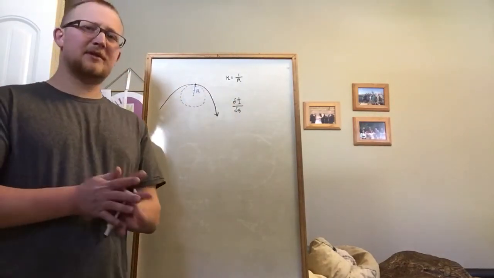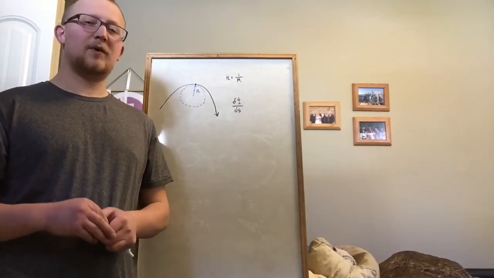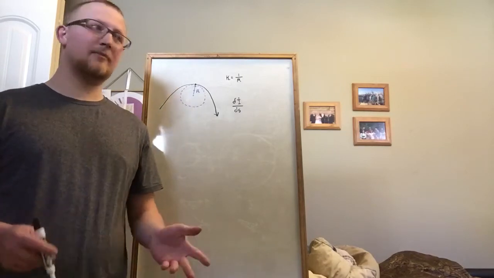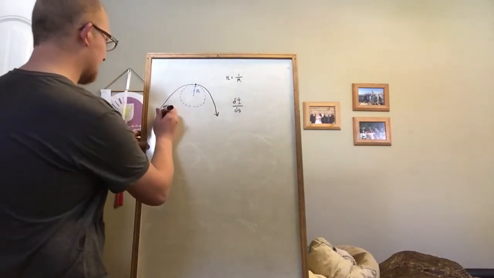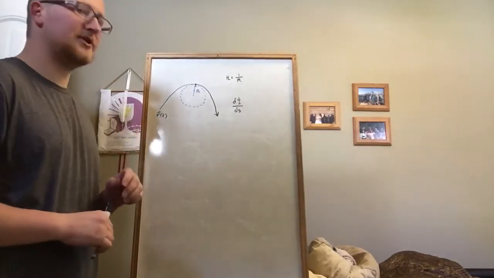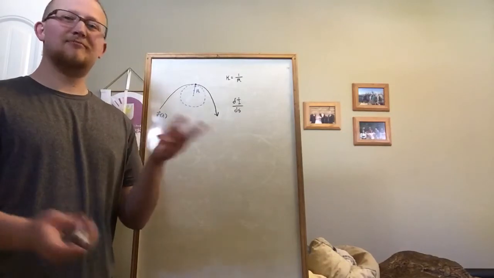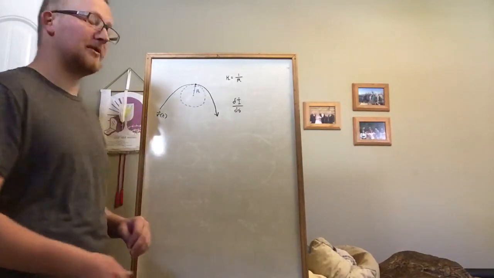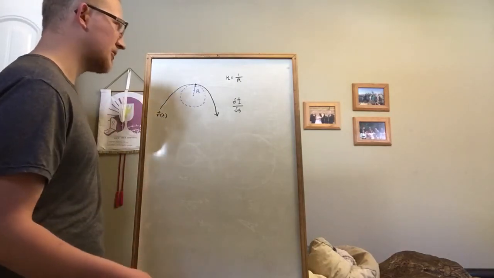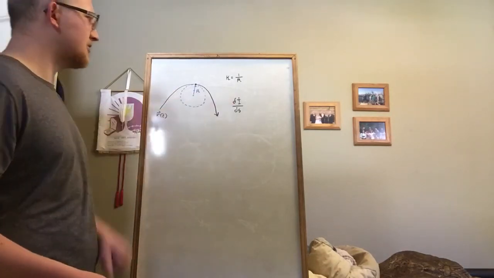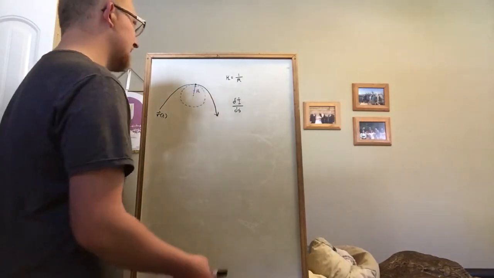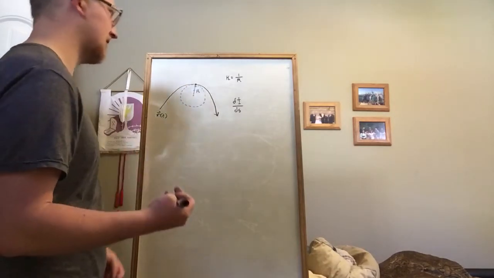Most of the things we've done in Calc 3 so far, we want in terms of time. If this curve is r, it's a vector function r that is a parametric equation of an x component, y component, maybe z component, all parameterized in terms of time. So we really like to work with time. How do we change dT/ds to something in terms of time?